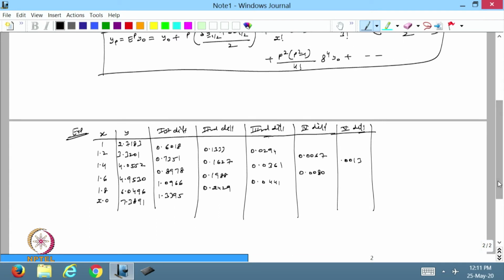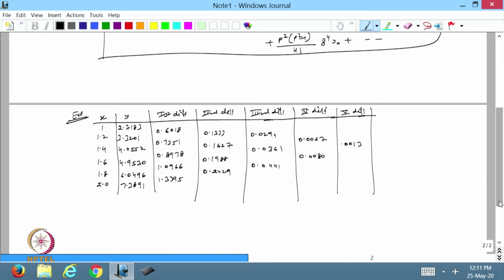Now the question is: find y at x is equal to 1.44. I want to approximate this value using the finite difference operator. From here it is clear that 1.44 lies here.